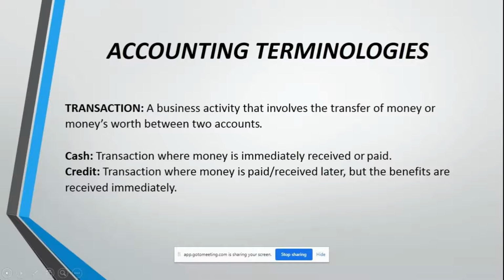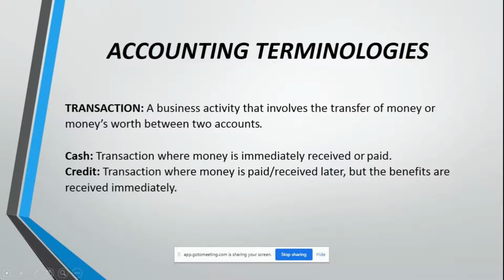So, in one single statement, if I have to define a credit transaction, it is when at the time of purchase or at the time of sale, no payment or receipt of money is involved. So there is no instant or immediate payment or receipt, it is made at a later stage. That is called a credit transaction.